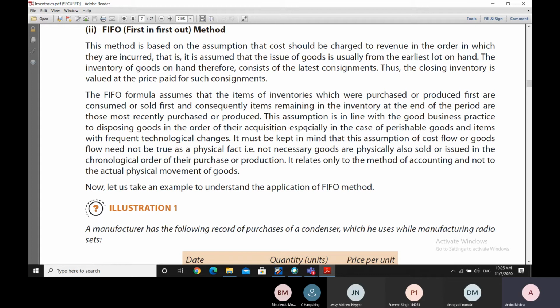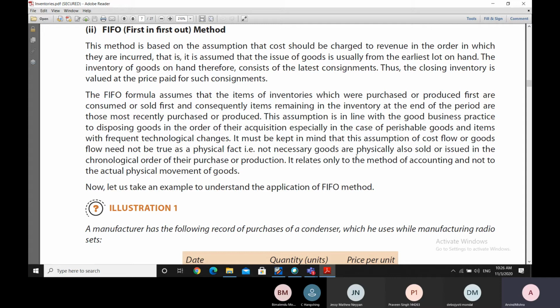Though it is always good for the business, especially in case of perishable goods and items with frequent technological changes, that the older items should be sold off first, it must be kept in mind that this assumption of cost flow or goods flow need not be true as a physical fact.